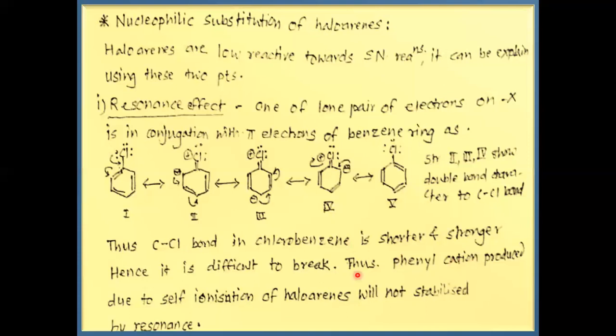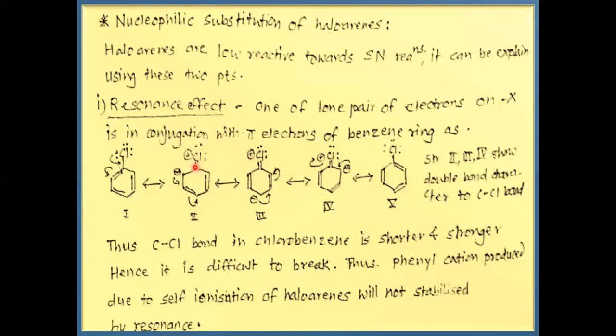Thus, the phenyl cation produced due to self-ionization of haloarenes will not be stabilized by resonance. Got it? Because of the double bond in the second, third and fourth structures, it has a carbon-chlorine double bond at this carbon of benzene.